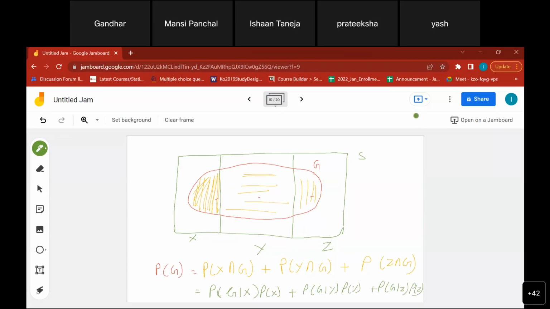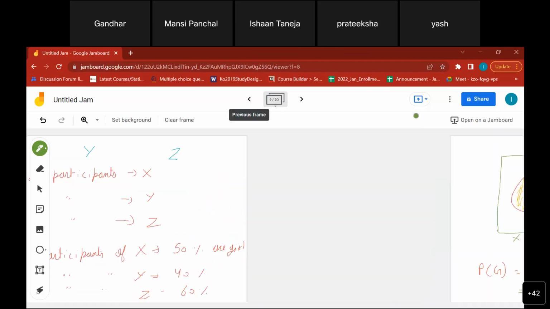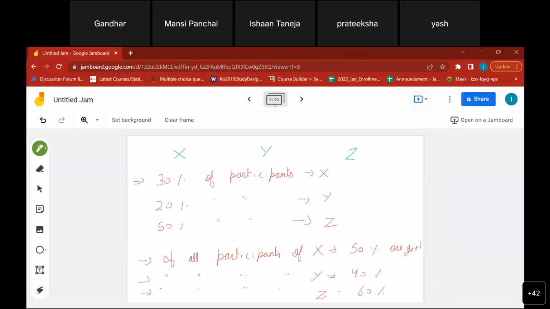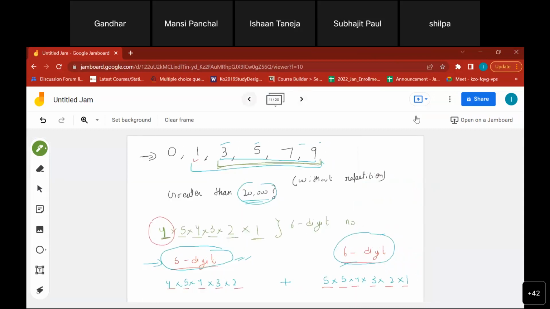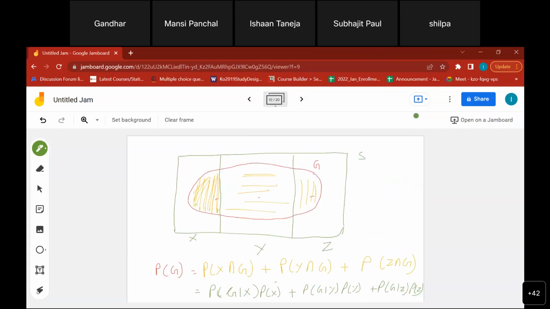Okay, what is the probability of X here? 30%, or 0.3, right? Easy. Probability of Y, 0.20. Probability of Z, 0.50, right? What is the probability of G given X?